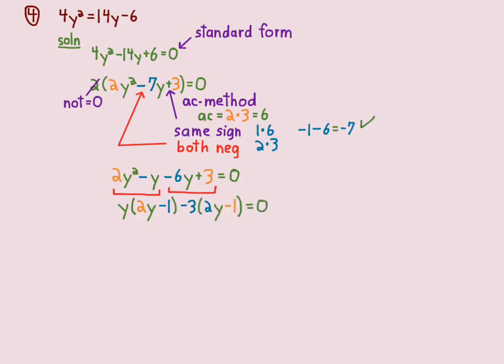And what is in the other factor is negative 6y over negative 3, which is 2y, and 3 over negative 3, which is negative 1. Now we have two terms with one common factor each, this 2y minus 1, so we factor out the 2y minus 1.